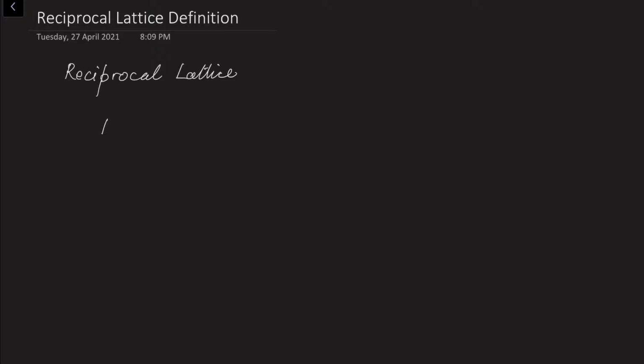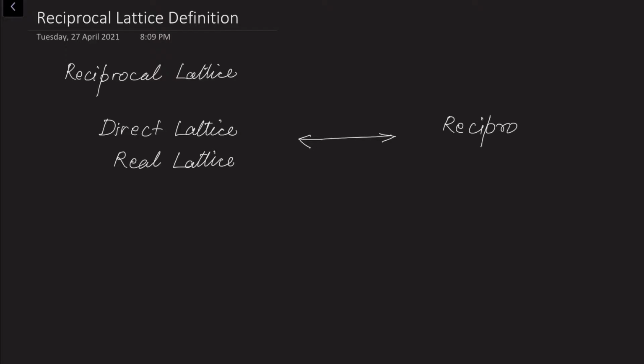So we have the so-called direct lattice, also known as real lattice, and this is related to another lattice which is known as the reciprocal lattice. Essentially, the direct lattice is defined by one of its primitive unit cell.